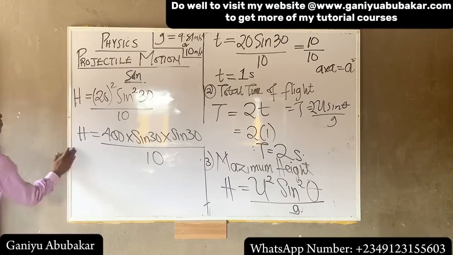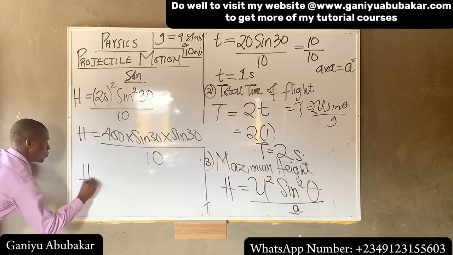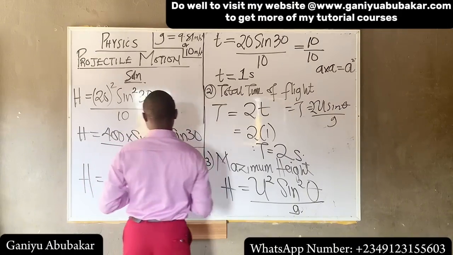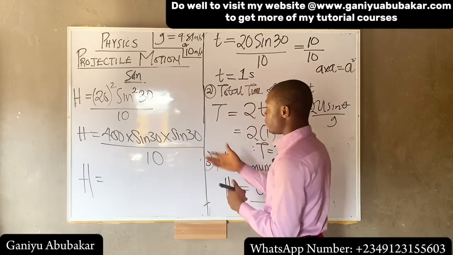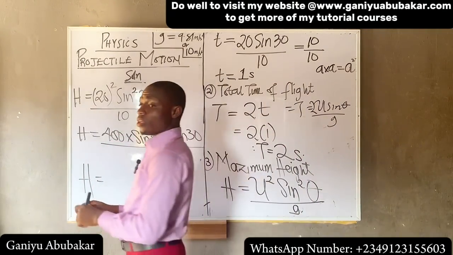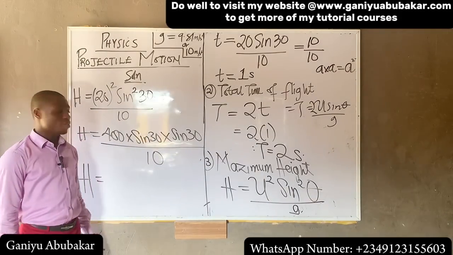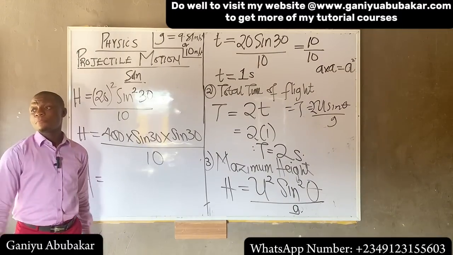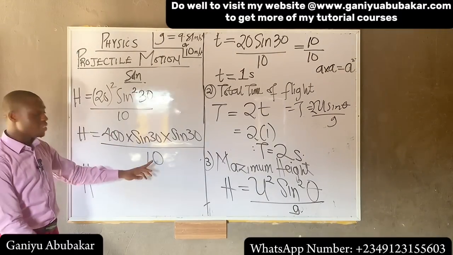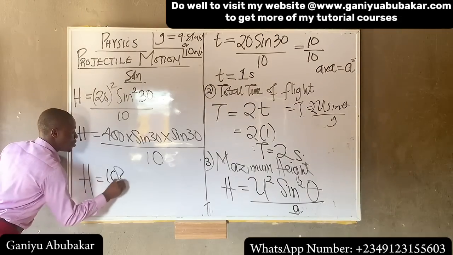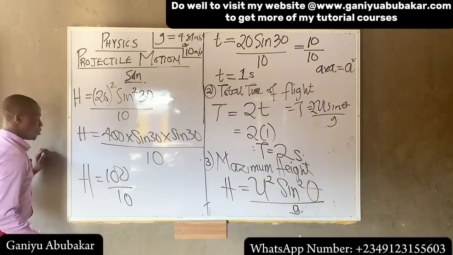Please give me the final answer. What's h? Just press sine 30 times sine 30 times 400 together, everything, to give you the answer, divided by 10. So 100 over 10.